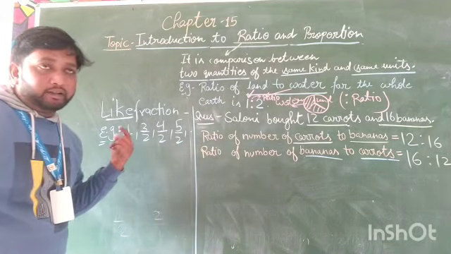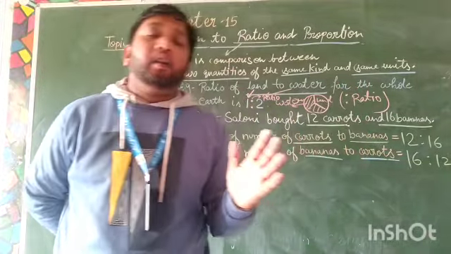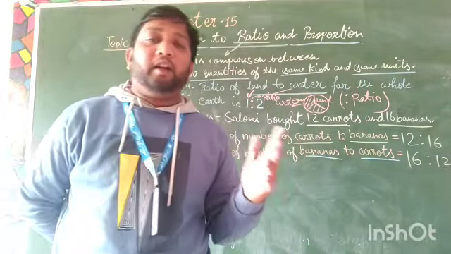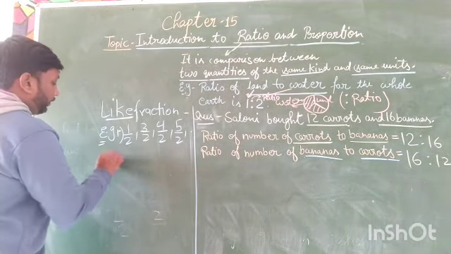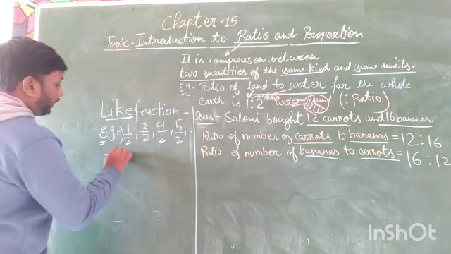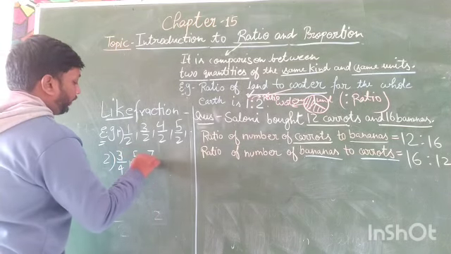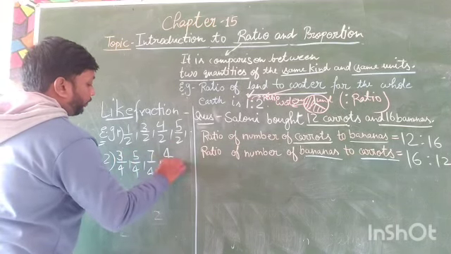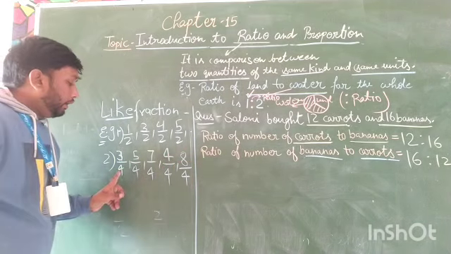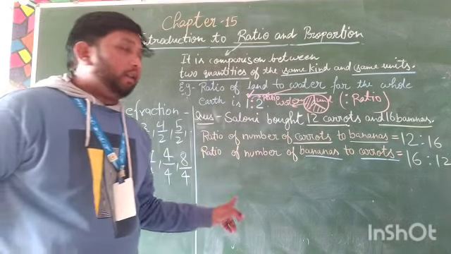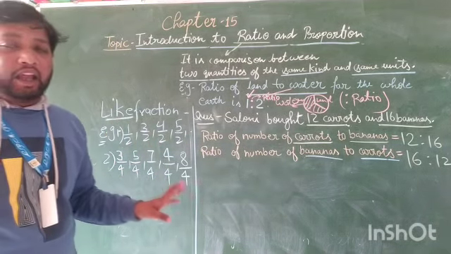If the denominator is 3, then all the other like fractions must have denominator 3. Example 2: 1/4, 3/4, 5/4, 7/4, 4/4, 8/4. The denominators of all the fractions are the same, that's why we call them like fractions.